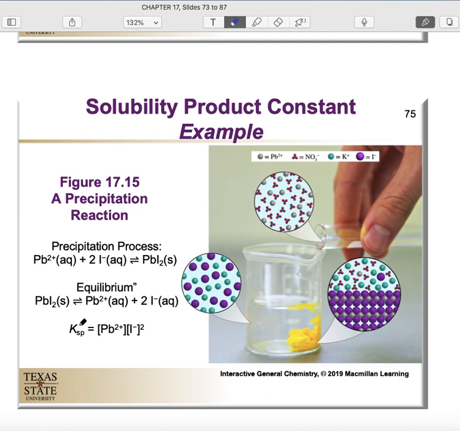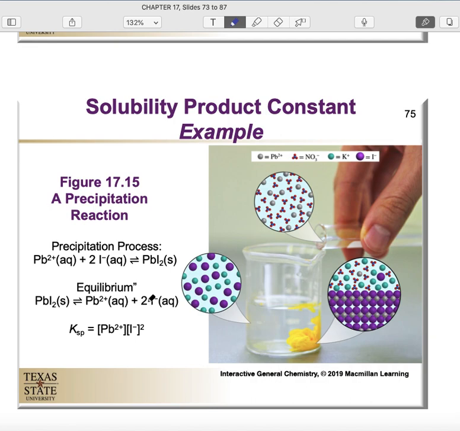And then we can write a Ksp expression, or solubility product constant expression, for that process by taking our products' concentrations and multiplying them by one another. Notice that here we have the concentration of the iodide raised to the power of 2 because the coefficient for that particular ion is a 2.